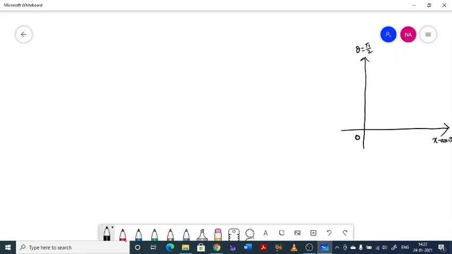And suppose there are two curves intersecting at these 2 points, say, then we draw tangents to those curves. So draw tangent to this curve, it will be, say, like this.